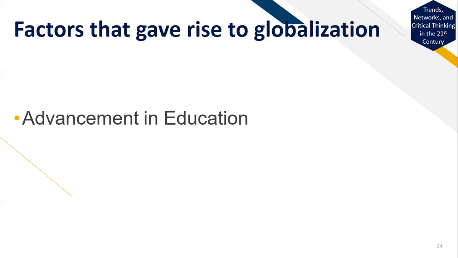Pag sinabi nating education for all, mayaman, mahirap, may kapansanan, lahat ay dapat makapag-aral. Ito yung isa sa mga factor na nagbigay sa pag-usbong ng globalisasyon.